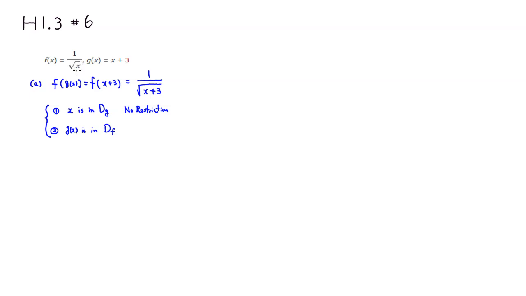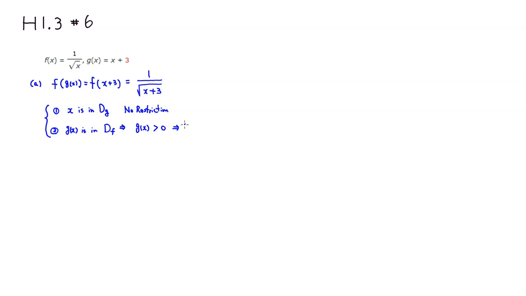At the same time, it cannot be 0, because then the denominator becomes 0. So g of x has to be strictly greater than 0, which gives us this condition.